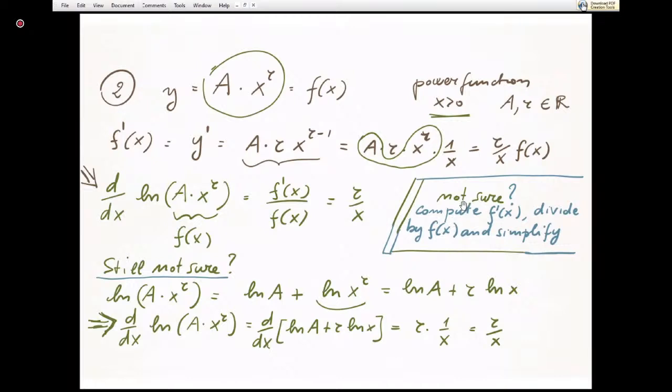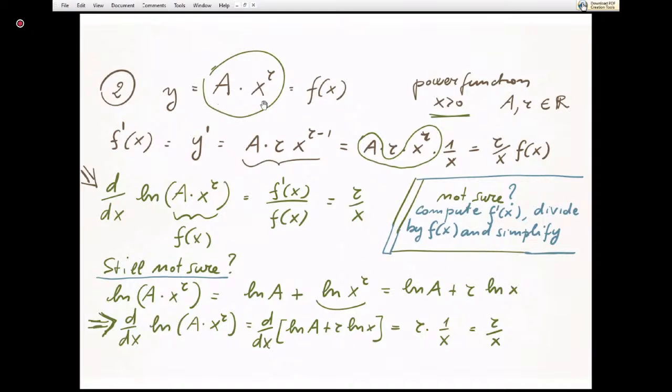If you're not sure about the result, this is the second convenient way to compute the log derivative. Remember that the log derivative is the derivative of the log of a function. If the function has a multiplicative structure, my suggestion is don't use this rule, f prime over f, to compute the log derivative, but take logs first and then compute the derivative, okay?